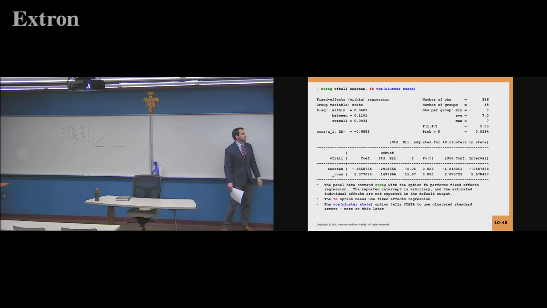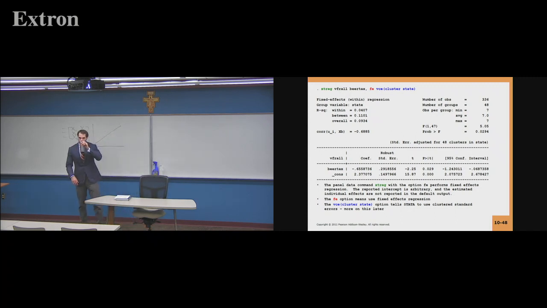So here's our output. There's a few more things up above, but it's the same basic output down here for our coefficients that we saw before. So our beer tax coefficient is negative 0.655. Can someone tell me what that means? This is the same as the regressions we did before.